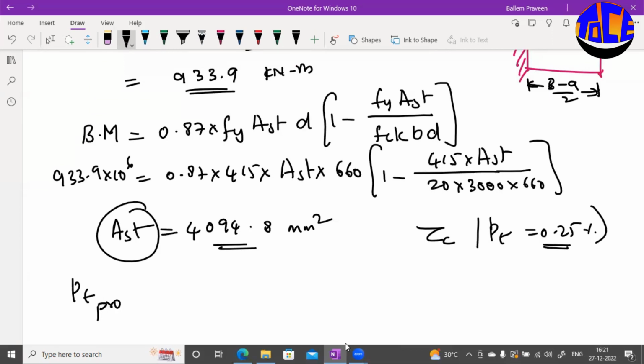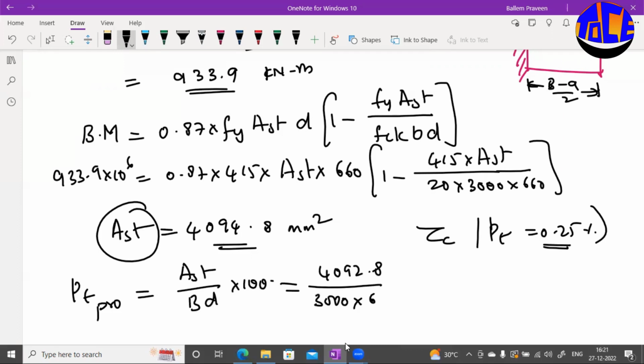So percentage of steel provided, how will we get this value? So it is AST divided by B into D into 100, right? So AST is 4092.8 divided by B is 3000, D is 660, into 100.